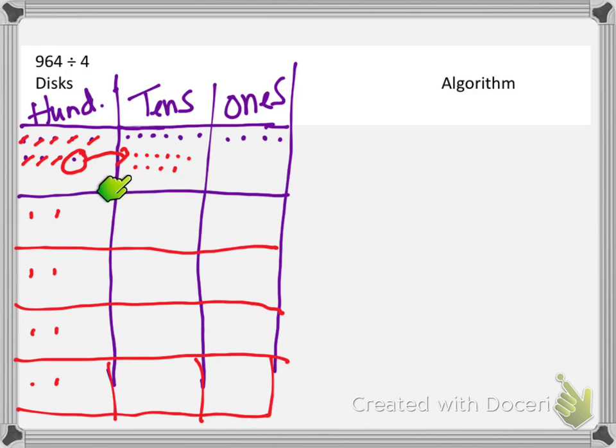Okay, so now we have 16 10s. And we have to split that up into 4 equal groups. So let's start counting. 1, 2, 3, 4, 5, 6, 7, 8, 9, 10, 11, 12, 13, 14, 15, 16.